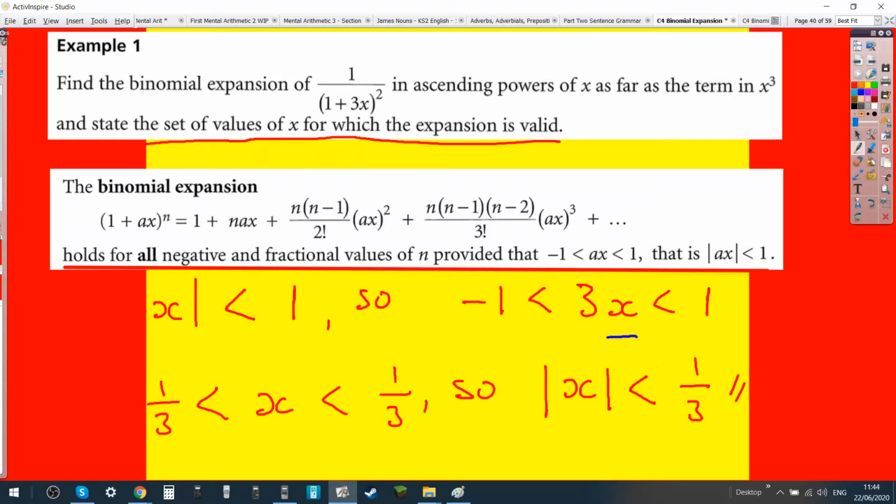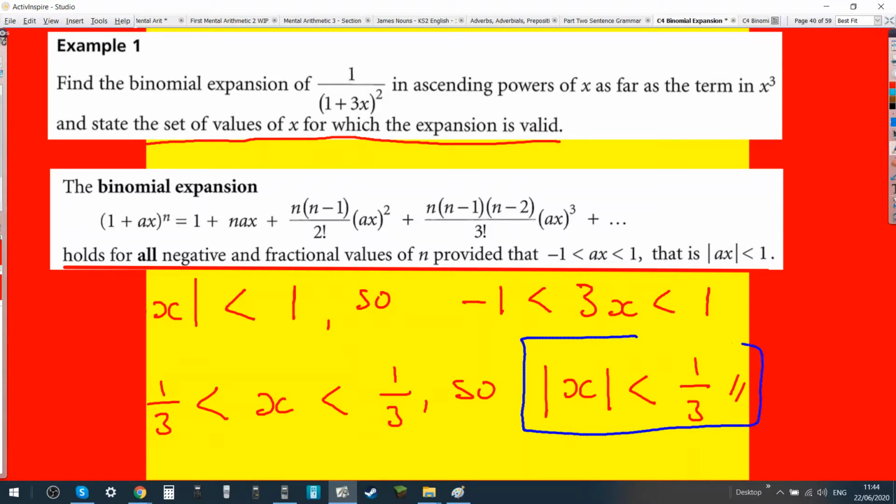So this expansion is valid if you used it for something like 0.1, like what we were looking at earlier, but it would be invalid if you used it for a bigger number like 2. That's because those numbers go towards infinity, whereas fractional numbers will go towards 0, so you'll eventually just be adding on plus 0, those tiny little numbers.